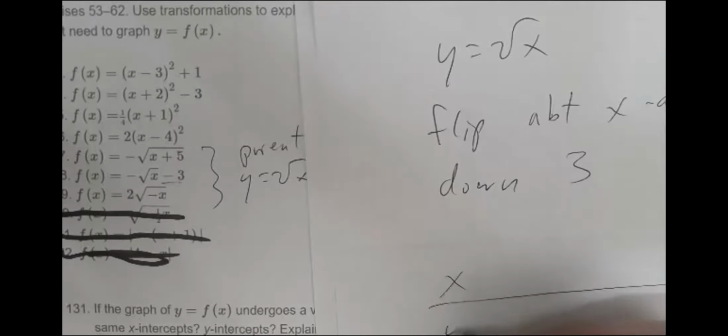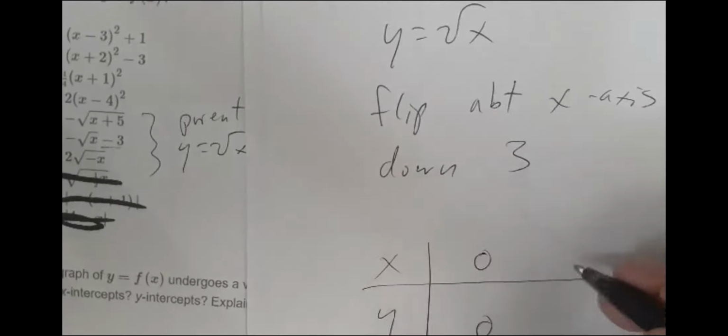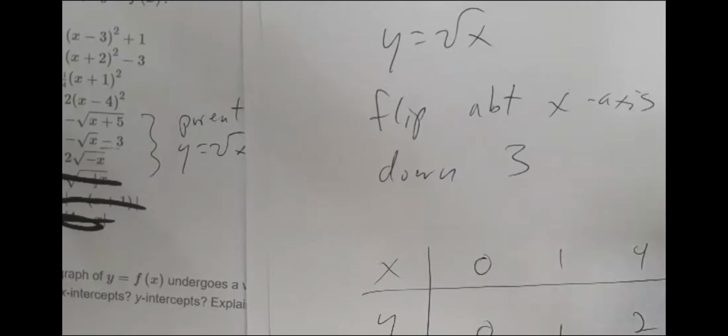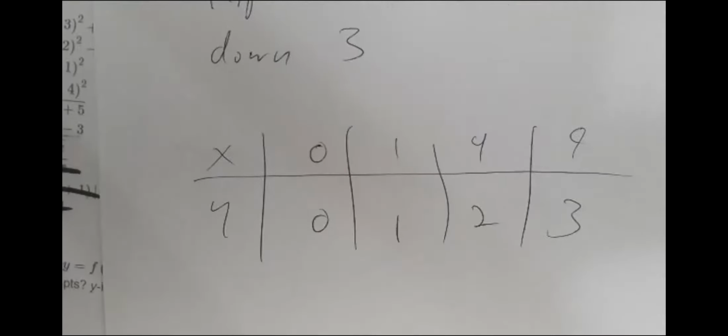So there are a few ways you can do this. Let's go ahead and do a table. 0, 0, 1, 1, 4, 2, 9, 3. This is my original thing.